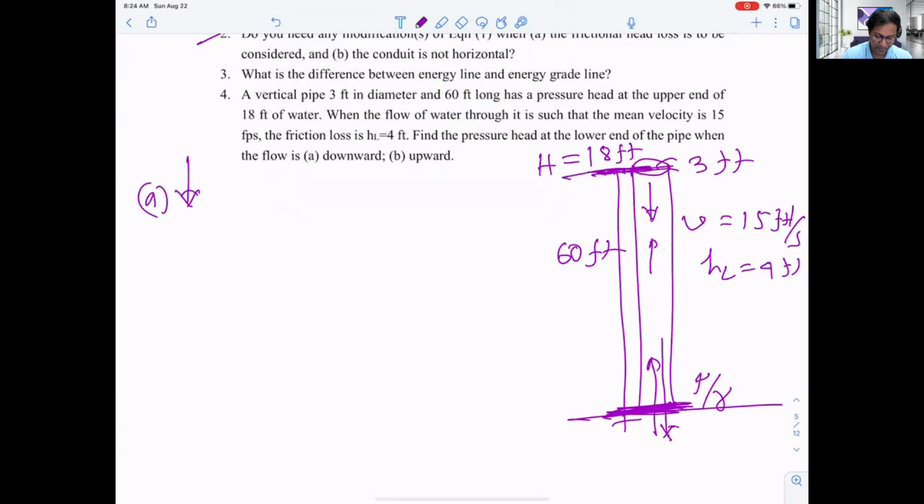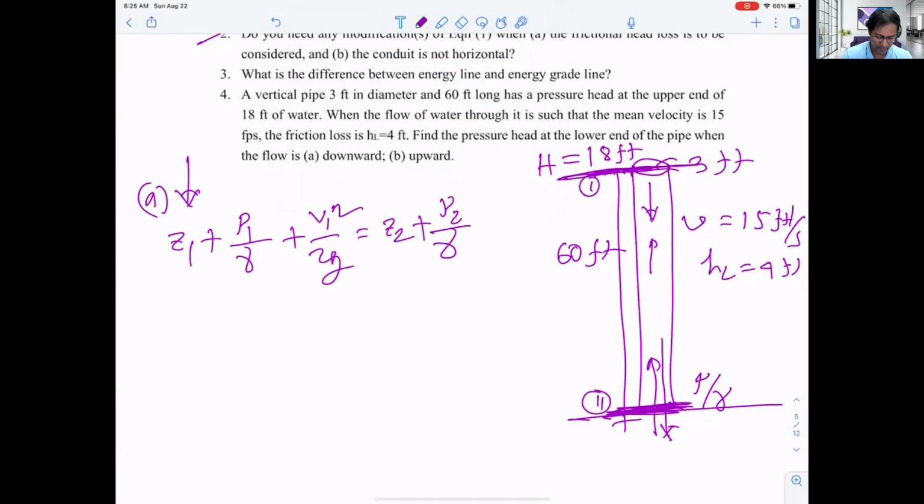When water is flowing in a downward direction, we're considering this section 1 and that is section 2. We're applying Bernoulli's principle between these two sections. The pipe is perfectly vertical. So we can write the generalized equation: Z1 plus P1 over gamma plus V1 squared over twice g is equal to Z2 plus P2 by gamma plus V2 squared divided by twice g plus HL.